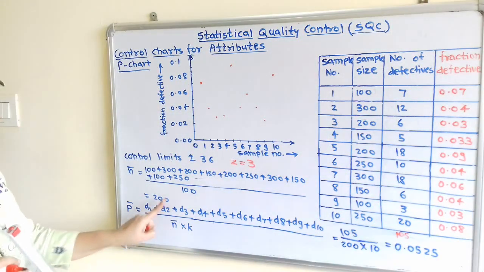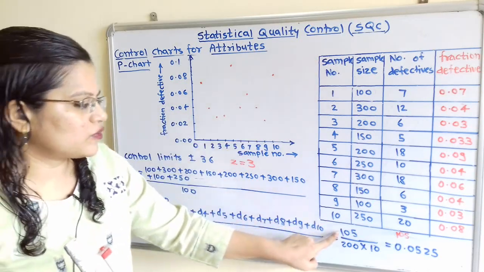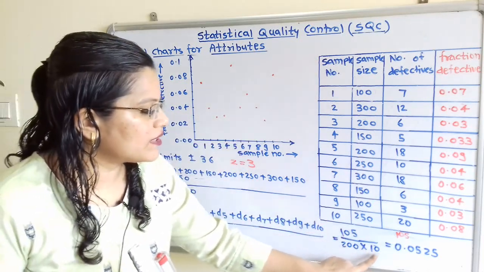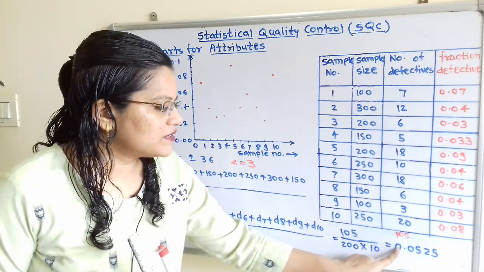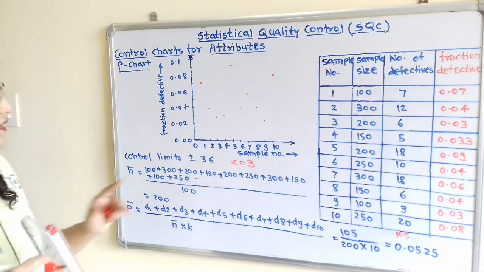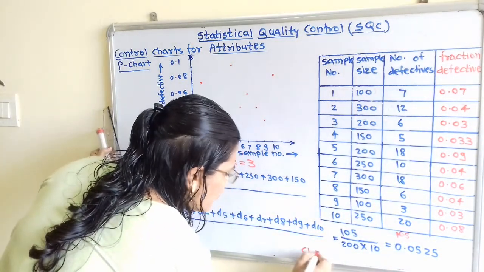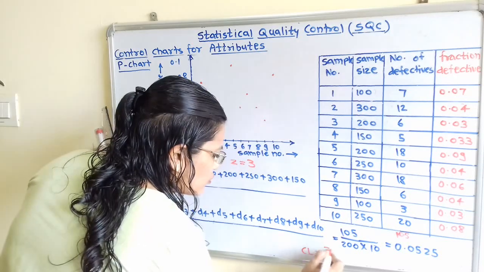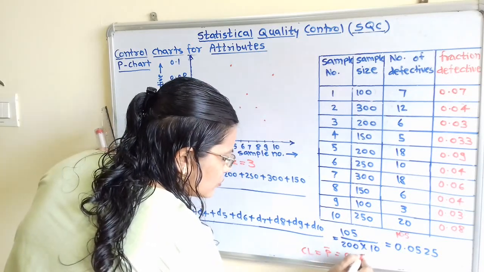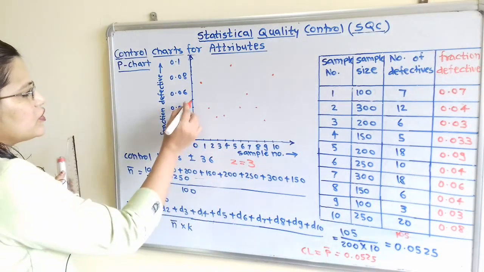So n bar is 200 and k, the number of samples, is 10. So 105 divided by 200 into 10, and the answer is 0.0525. For the center line we have to consider this value, equal to p bar, that is 0.0525.